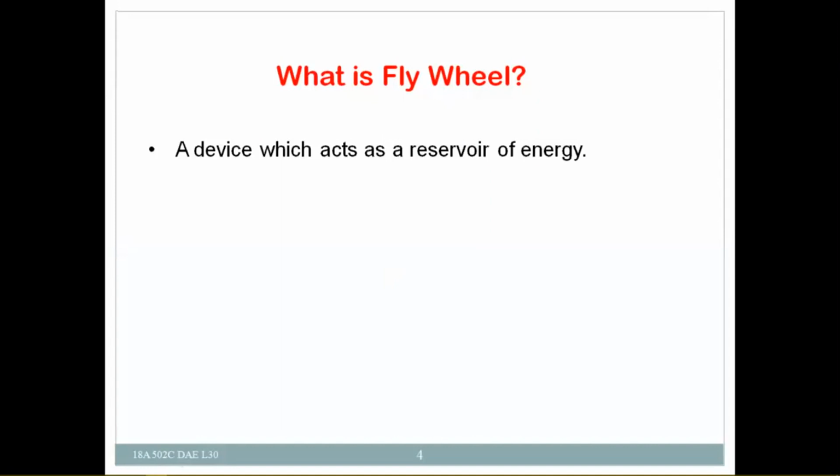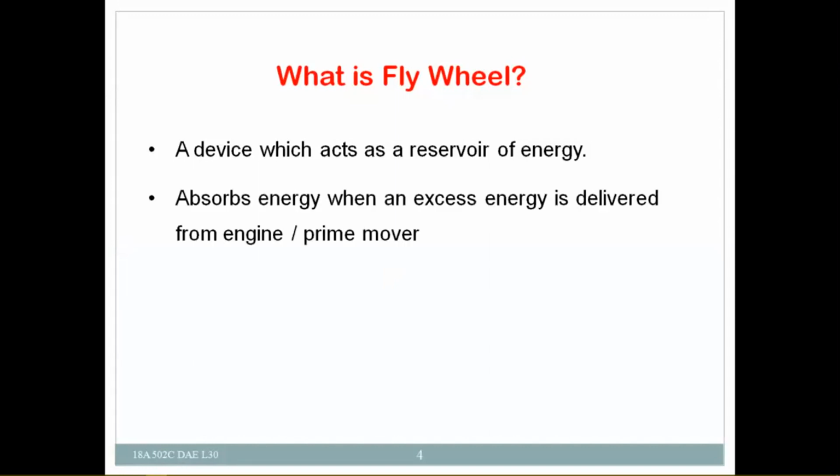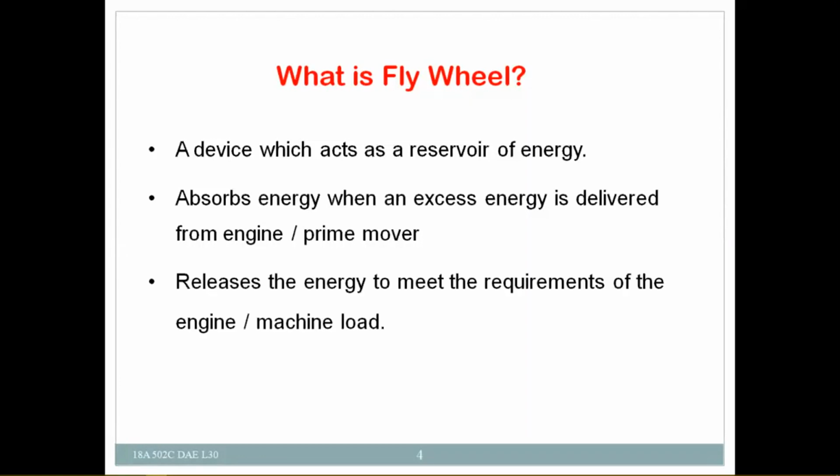It absorbs energy when an excess energy is delivered from the engine or the prime mover, and it releases the energy to meet the requirements of the engine or machine load.